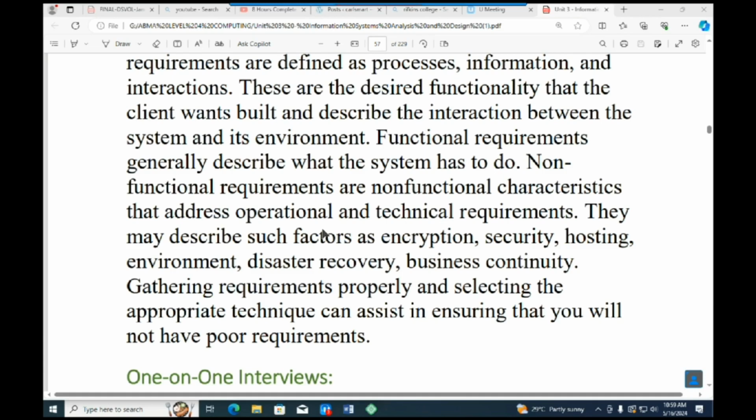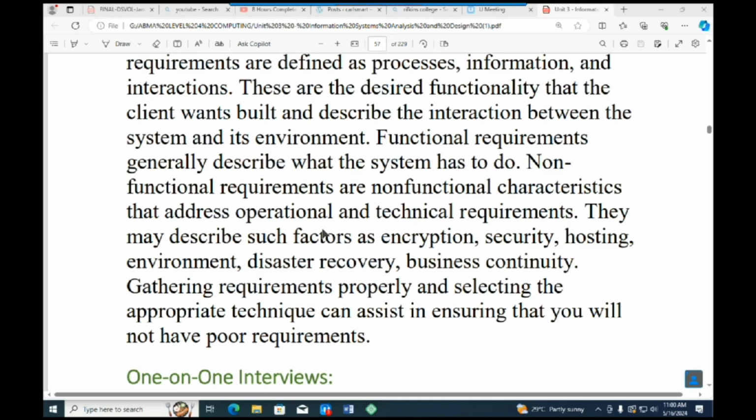To ensure that you do not have poor requirements, you are supposed to make sure that you do proper requirements gathering. To have proper requirements gathering also means that you need to have proper selection of the technique that you can use to gather the requirements.